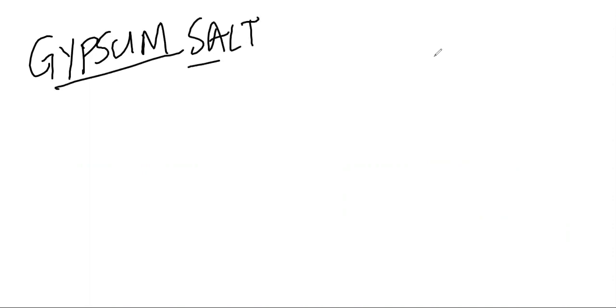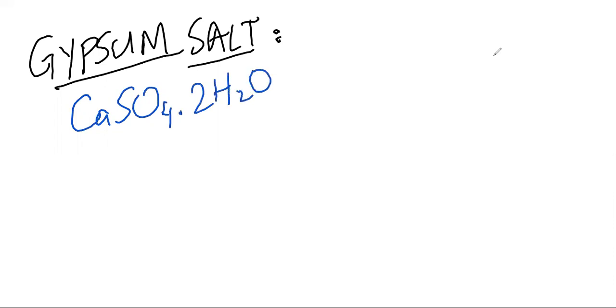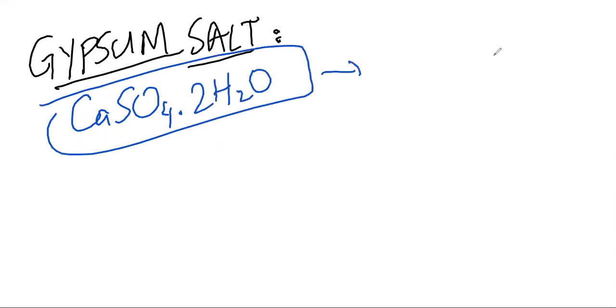What is gypsum salt? Its formula is CaSO4.2H2O. The formula is very important. Its name is calcium sulfate dihydrate.